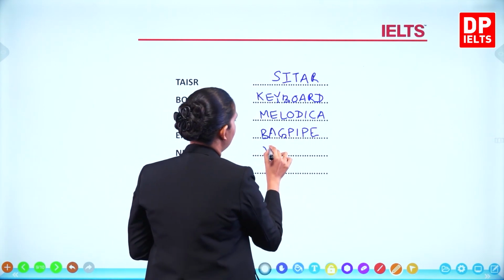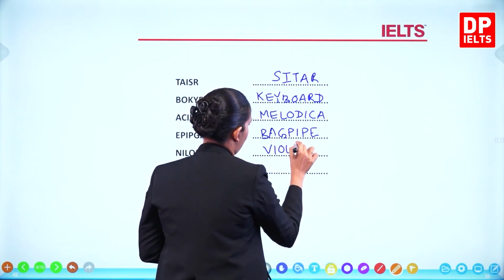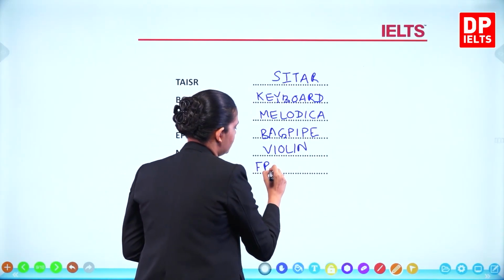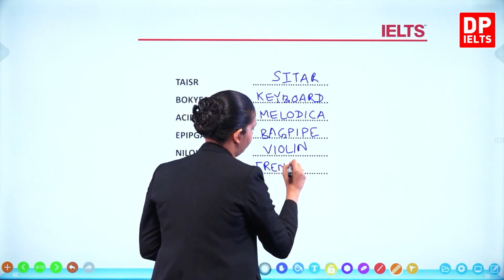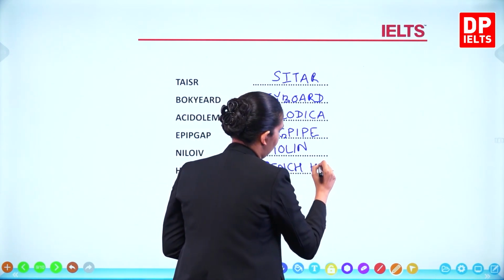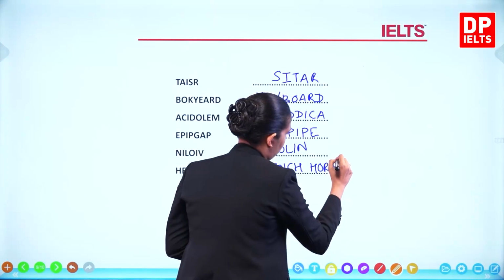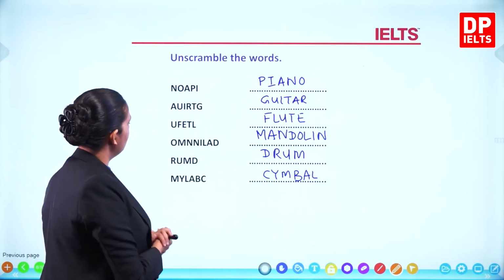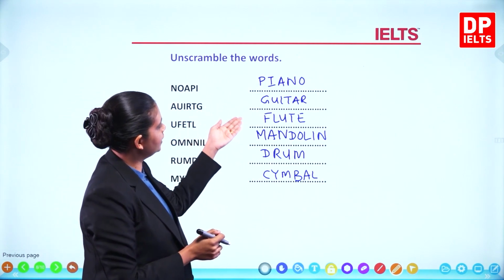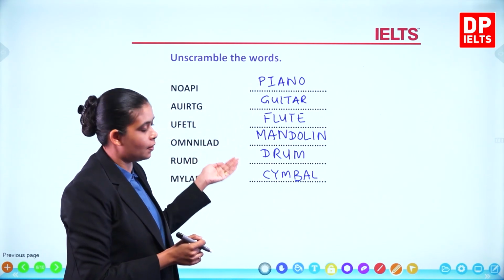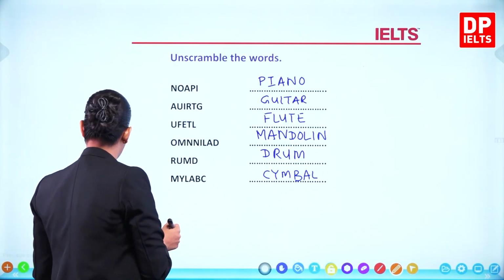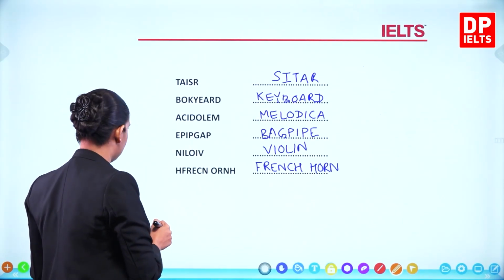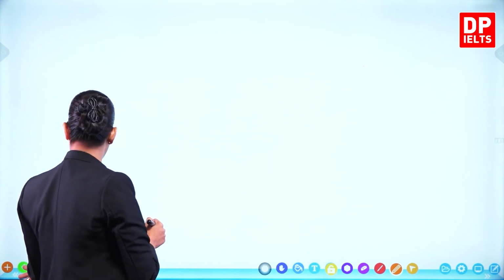Next one is violin. And the final one, you know what this is? French horn. Right, so here we have unscrambled the letters. Piano, guitar, flute, mandolin, drum, cymbal. And then we have sitar, keyboard, melodica, bagpipe, violin, and French horn.